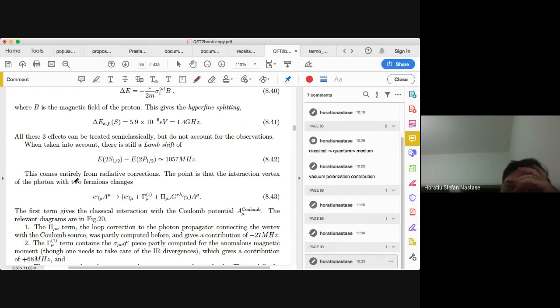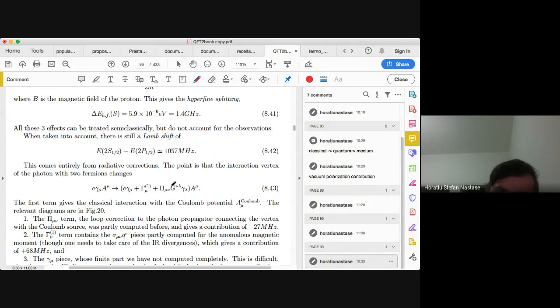So that means that this comes entirely from radiative corrections, from loop corrections. And we have seen also that we can correct the interaction vertex of the photon with two fermions.